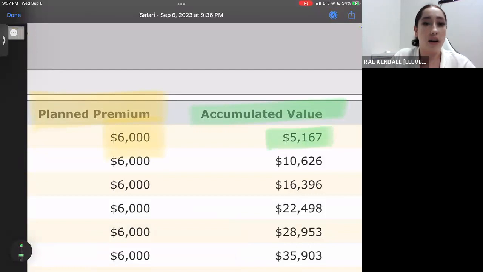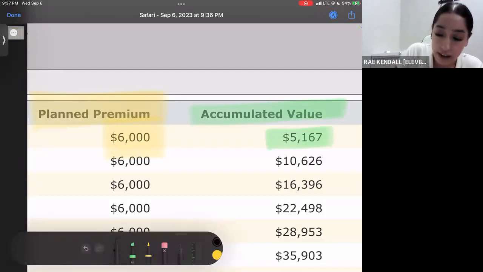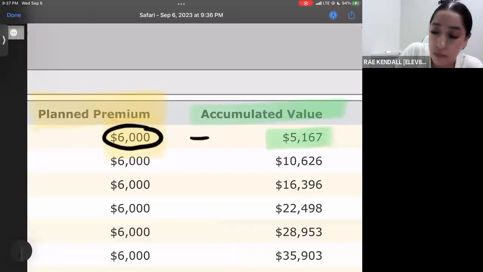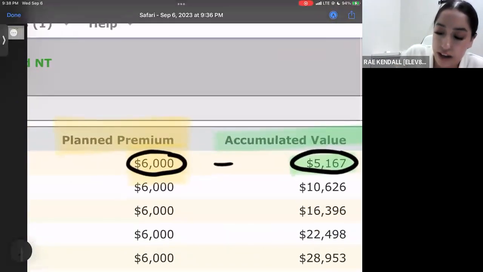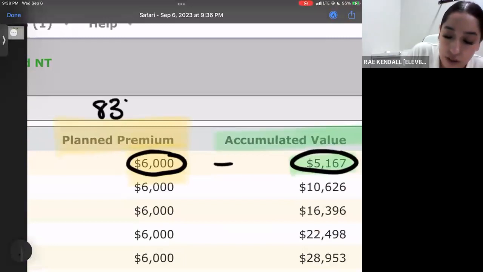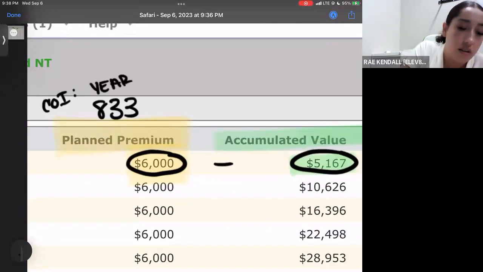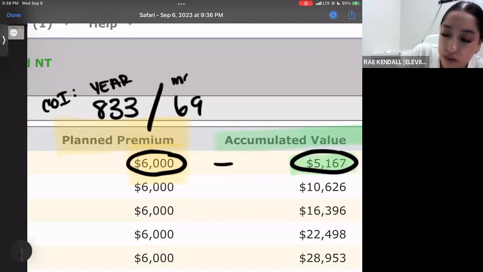If we want to find out the cost of insurance, we take that $6,000, how much you paid, and subtract how much you made. 6,000 minus the numbers here, the difference is $833. This is your cost of insurance for the year. It's only $69 on a monthly basis.